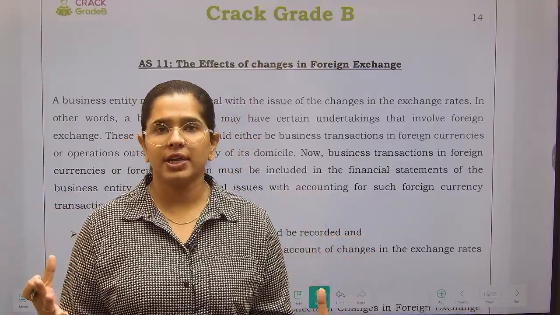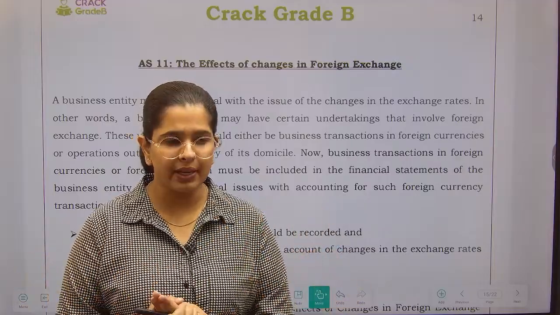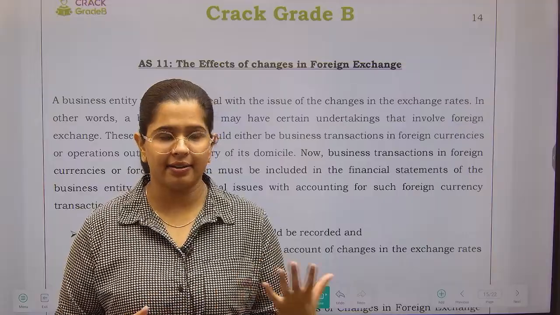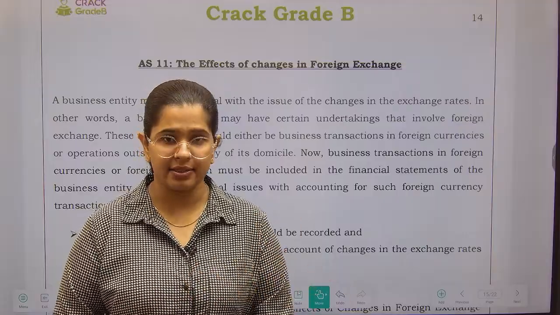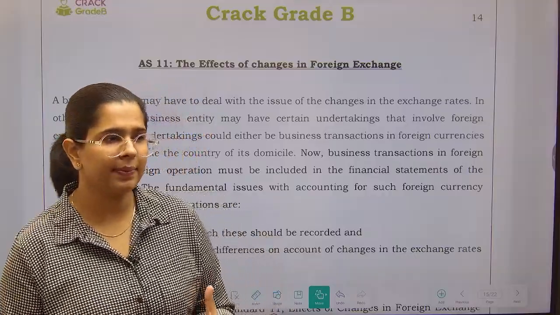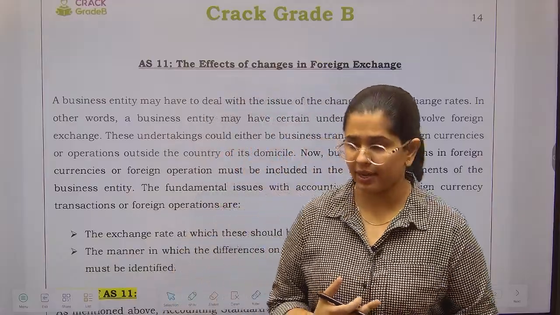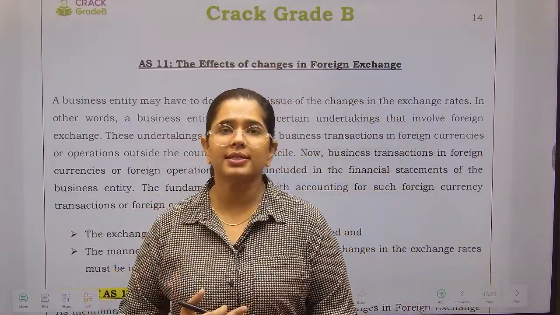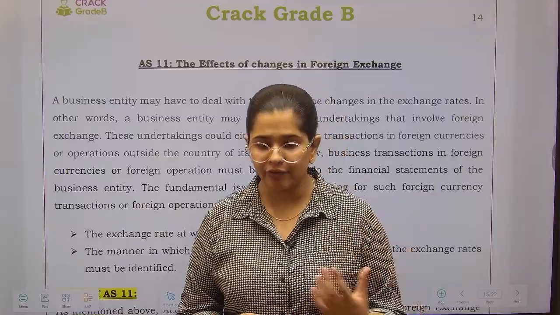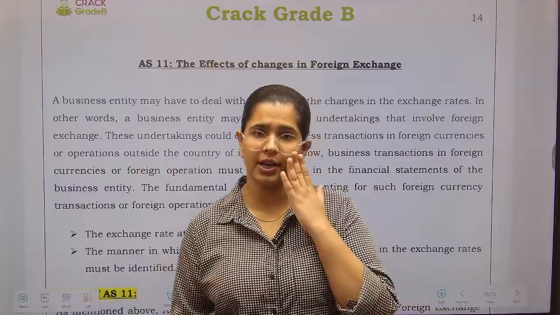Any kind of asset which can be represented only in terms of money. For example, I have certain debtors, I have certain creditors, right? So these are my monetary assets. क्योंकि debtors और creditors का मतलब क्या? I have to recover the amount from them. मुझे उनसे पैसे recover करने हैं. Whereas non monetary assets क्या? For example, your land, for example, your building, such kind of things. ठीक है, ये आपकी non monetary assets हुई.